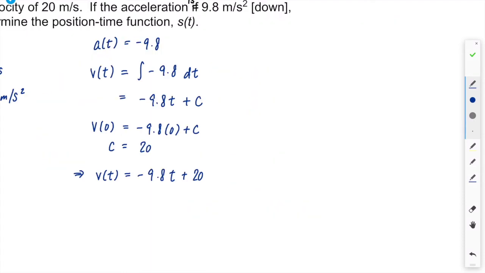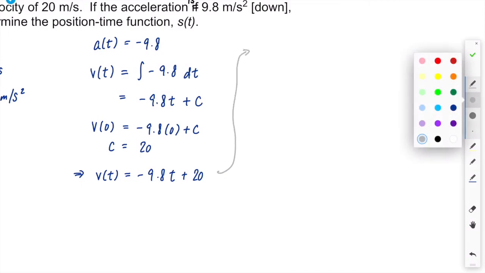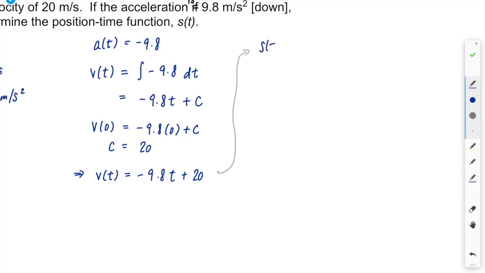Now, knowing that v of t is negative 9.8 t plus 20, we can go ahead and look for s of t, which is the integral of negative 9.8 t plus 20 dt.